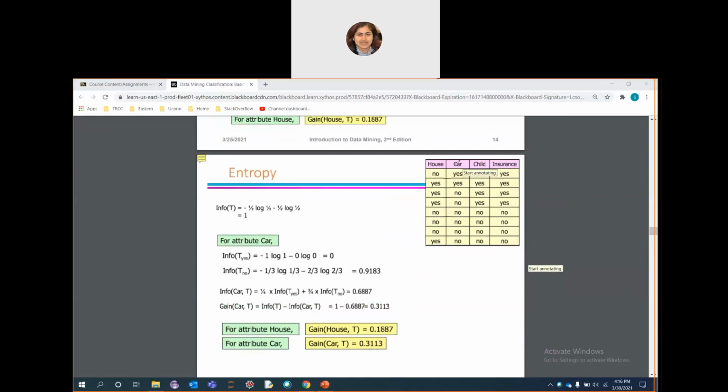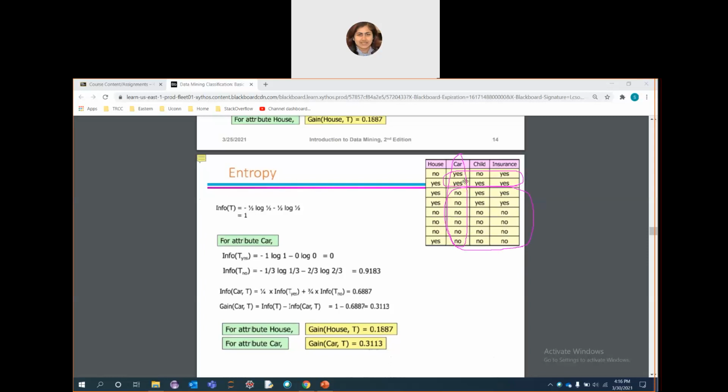So for the car attribute, now we have to see what values we have, yes and no. Again, 50% are yes and 50% are no, so the info of T is the same as we had previously for house. Then for car, we have yes and no. How many no's? 6.